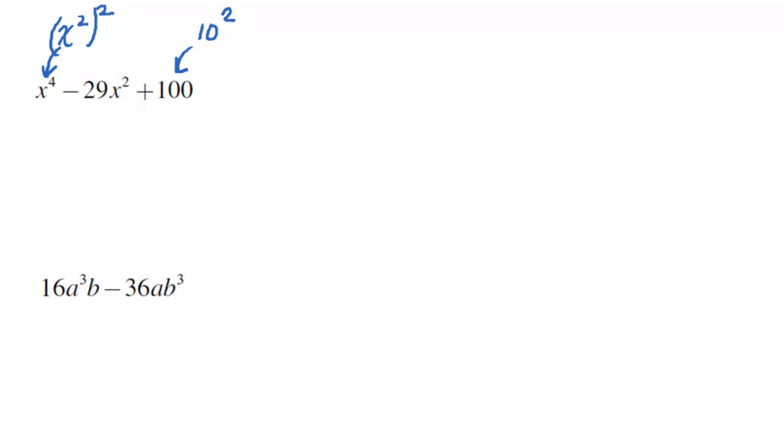And just remember that how you get the middle term is you multiply the x squared times the 10. So that's 10x squared, and then you double that. So 2 times 10 is 20x squared, which is not what we have here for the middle term. So this is not a perfect square trinomial.